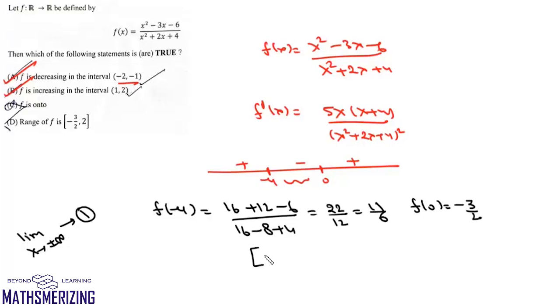So the range of this function will be from −3/2 to 11/6. That means this option D is incorrect, and its codomain is R.